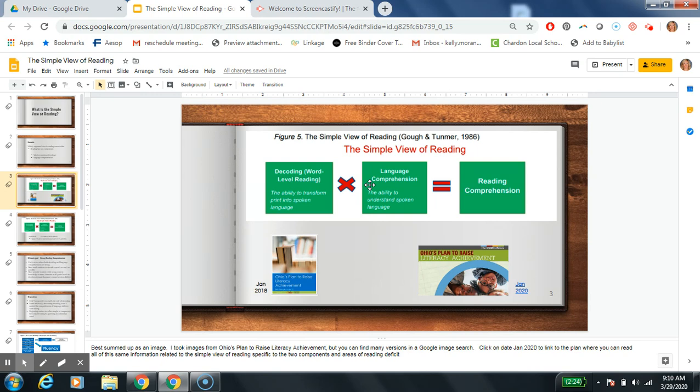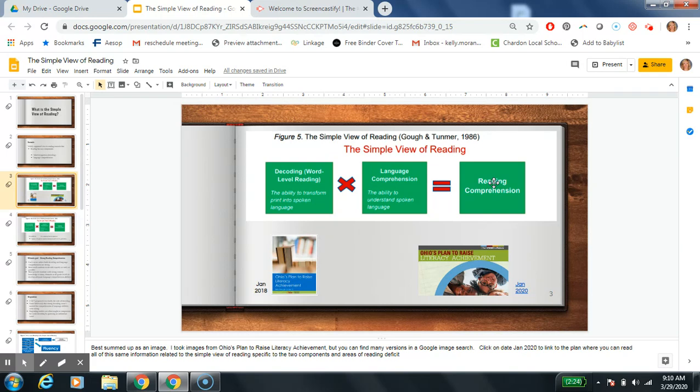So looking at our formula, again, we have the two parts: decoding, which is word level reading. This is the ability to transform print into spoken language. Language comprehension is the second component, and that's the ability to understand spoken language. When you multiply those two things together, you end up with reading comprehension.